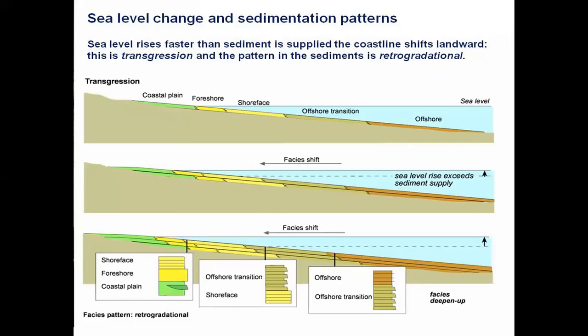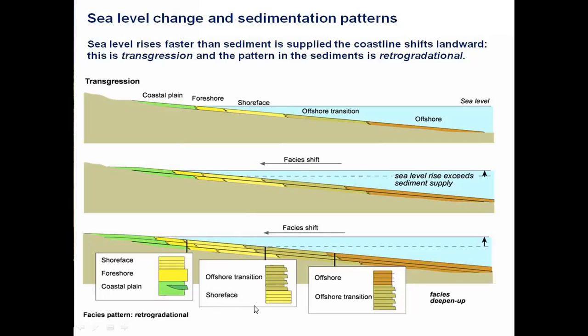So if you see in the coast, the coarser grains are overlain by finer grains, or the shallower water deposits are overlain by deeper water deposits, and it is followed throughout the coast.